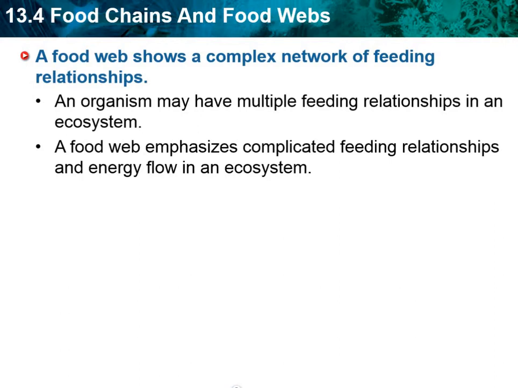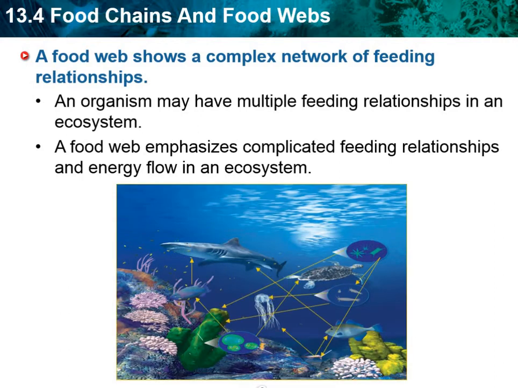It's usually this animal eats this plant and this plant, and it's eaten by several other animals. So a food web is a more complex feeding relationship than the simple food chain. And that's what the picture down below is showing: multiple things are eaten by the different ones in that picture.